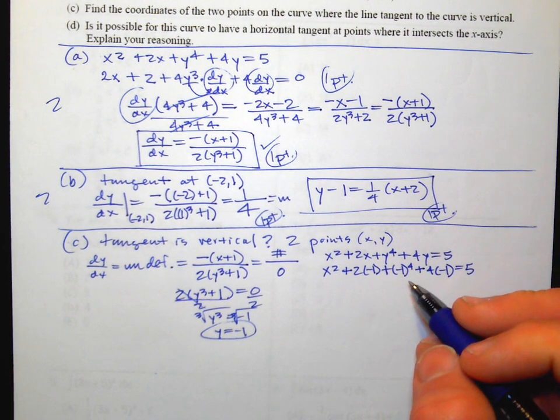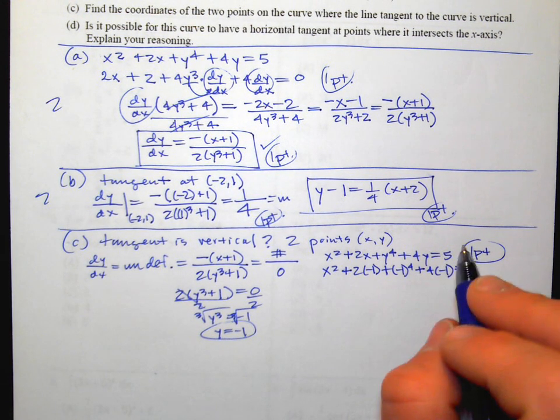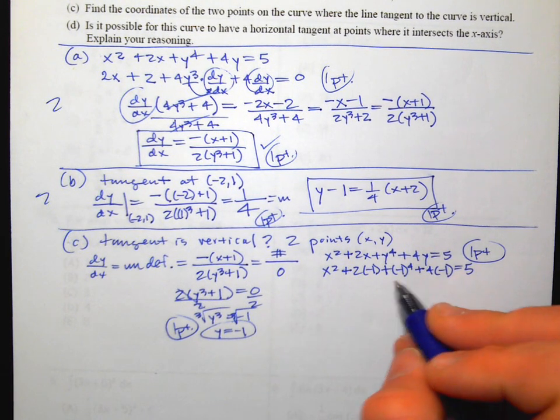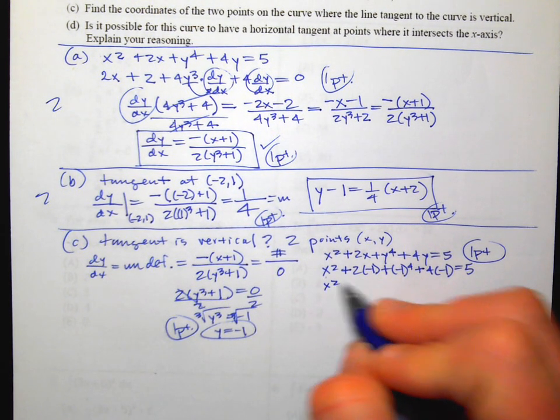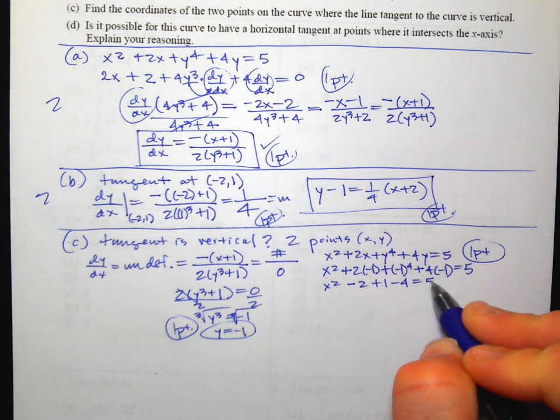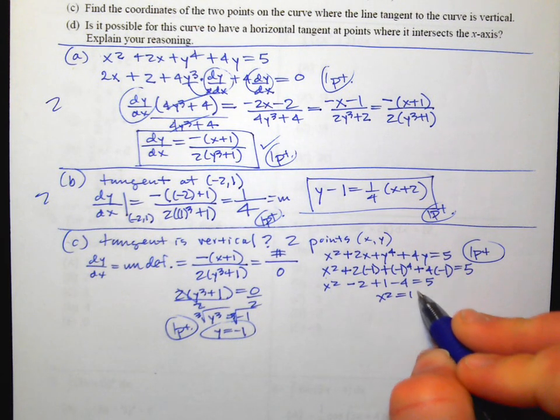So let's do that. It's worth a point just for plugging these things in. You got a point for finding y equals negative 1. So this is going to be x squared minus 2 plus 1 minus 4 equals 5. So it's going to be negative 6. It's going to be negative 5. So x squared equals 10.